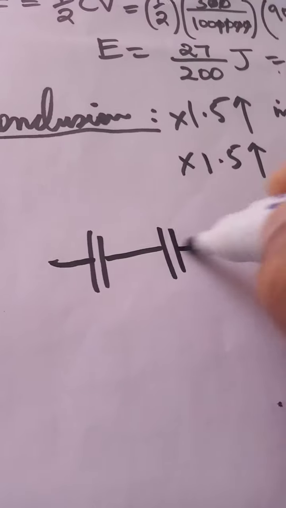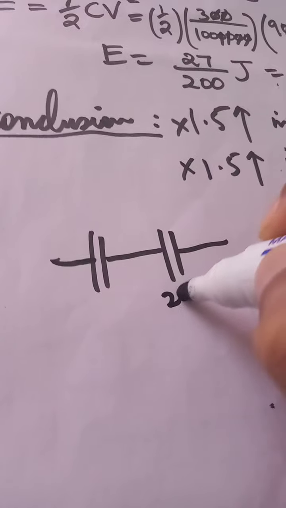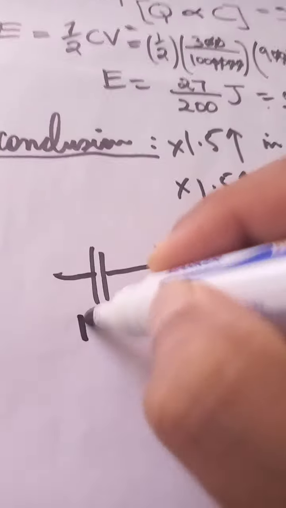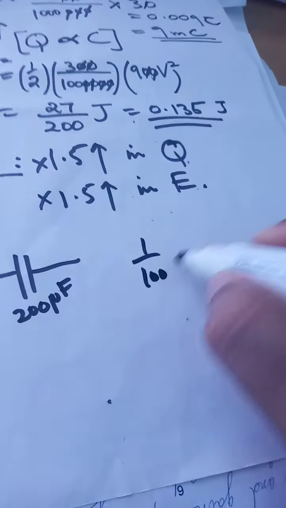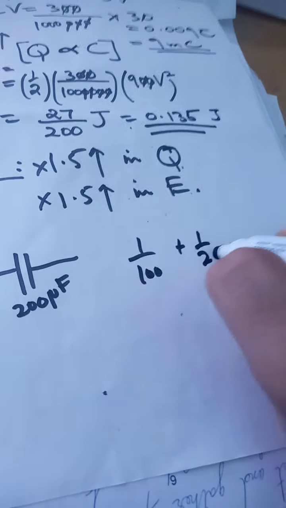Now, what would happen if we added 200 microfarads in series? So that would be 1 over 100 plus 1 over 200.